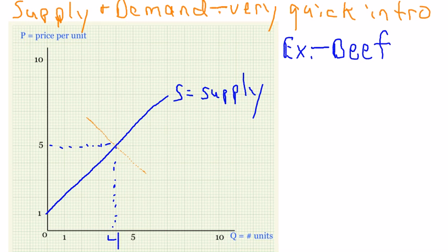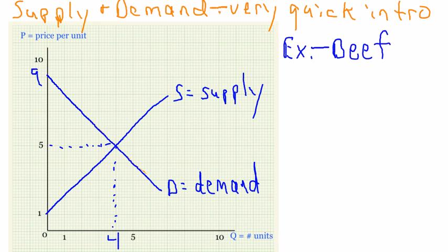Next, we're going to add a demand curve, and I'm going to start the demand curve at an intercept of 9 here, and I'm going to just draw it like this. And I call this my demand curve because it tells us how much of a product consumers will demand at any given price. So if you look up here, when the price is 9, consumers want 0 of it.